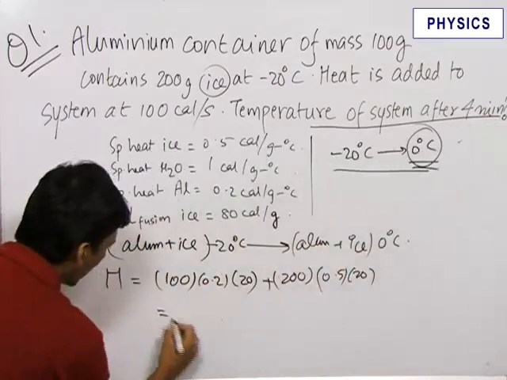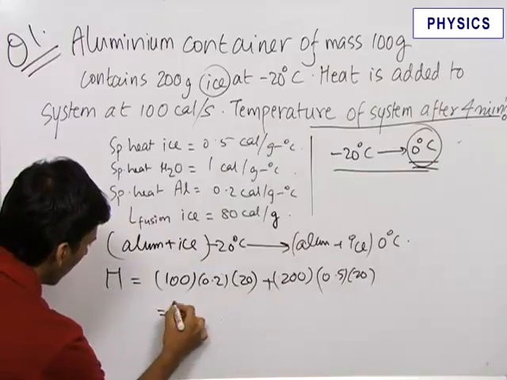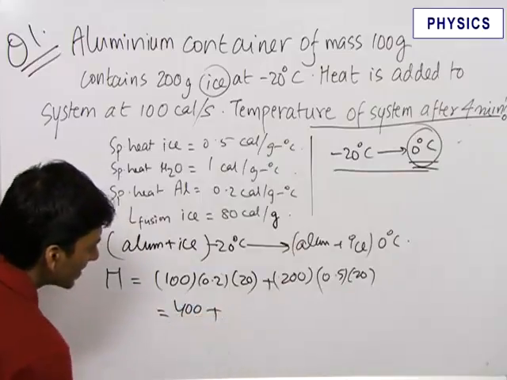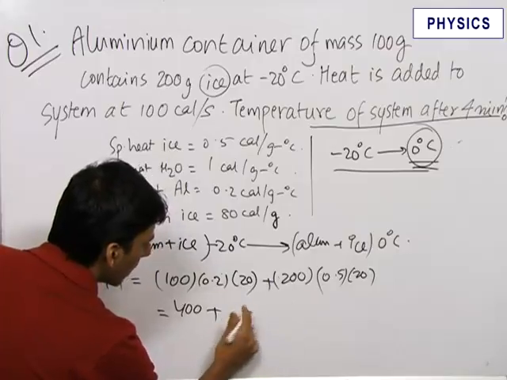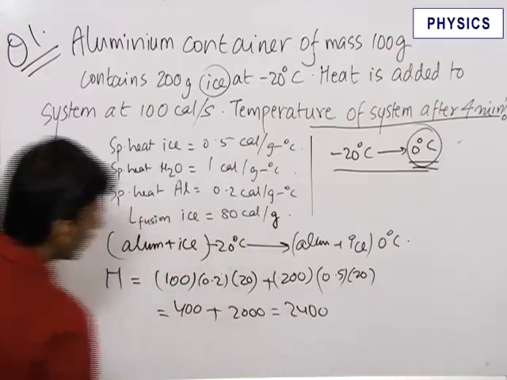This comes out to be equal to 400 plus 2000 is equal to 2400 calories.